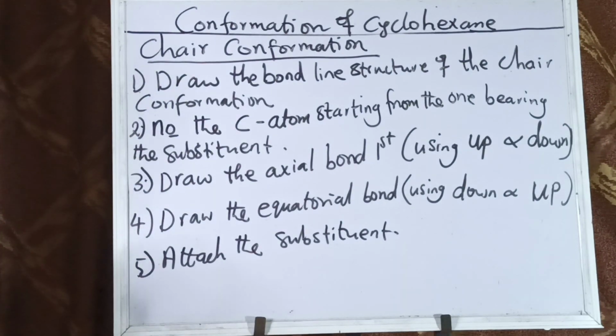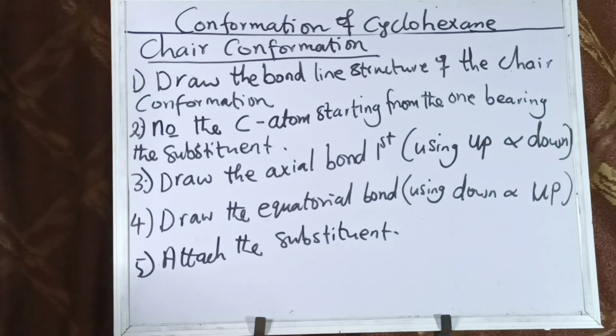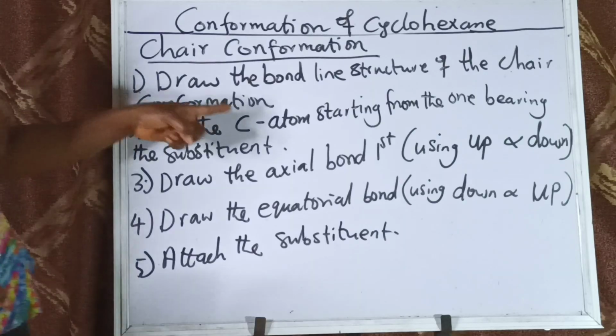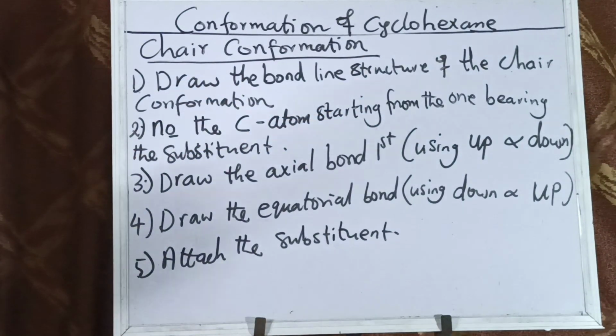The first thing we are going to do is to draw the bond line structure of the chair conformation. Then the second thing is to number the carbon atoms, starting from the carbon that is carrying the substituent group. Maybe we may use something like a methyl cyclohexane here as an illustration, or after that we may use another one.